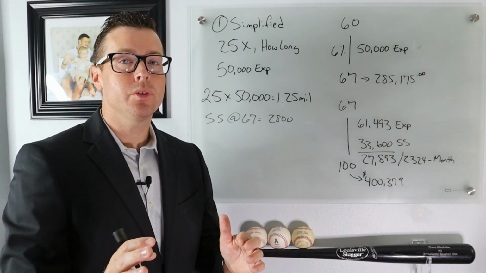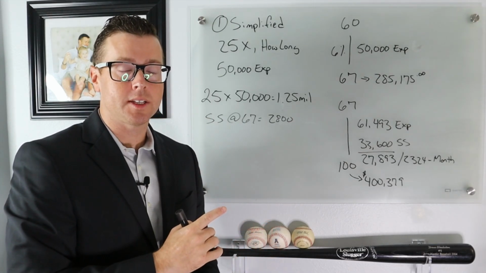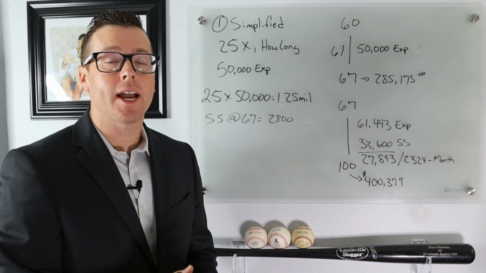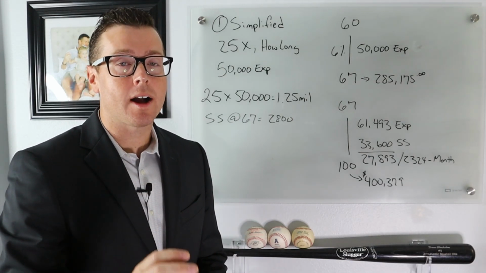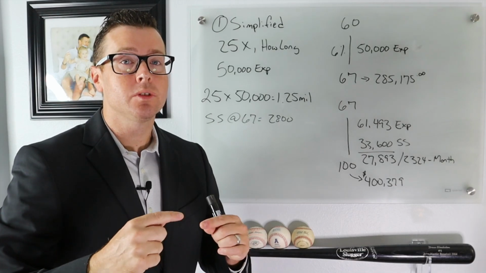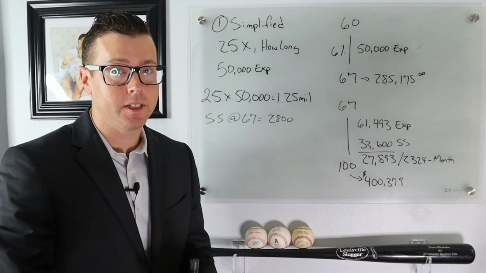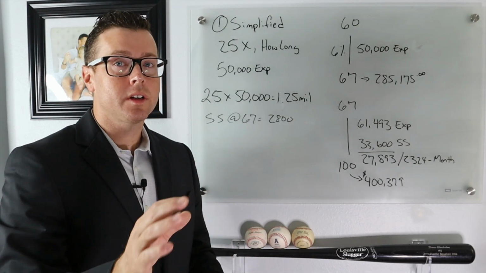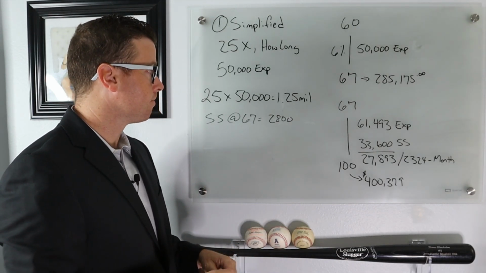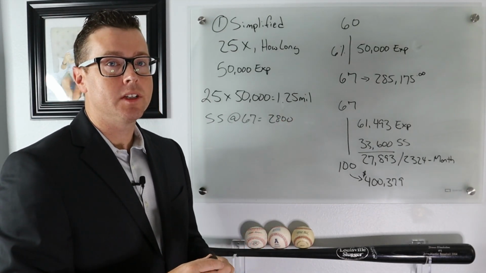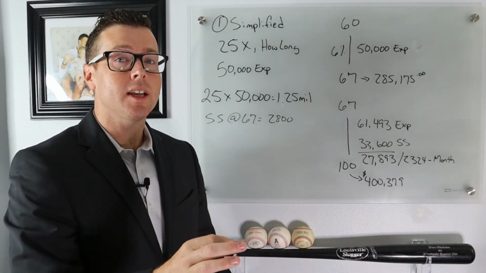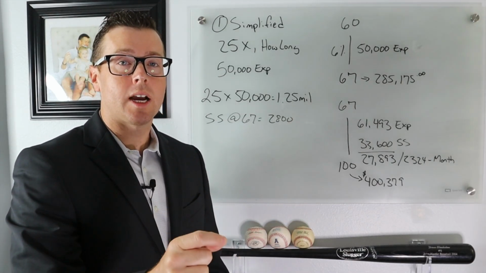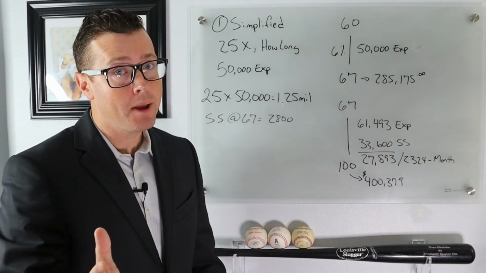We're going to take into account Social Security for this example, and a very simplified look at inflation. We're going to get into more detail in the next video. So $1.25 million is what this individual needs saved to retire at 60, maybe.